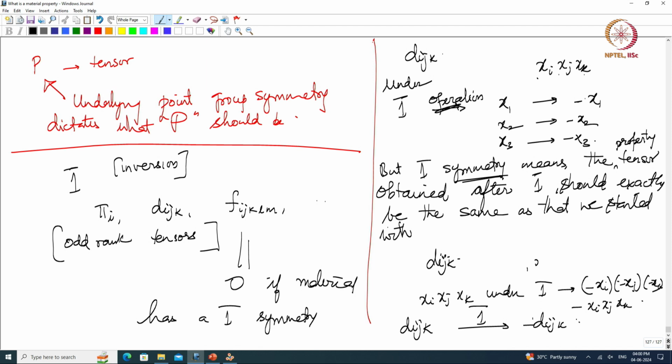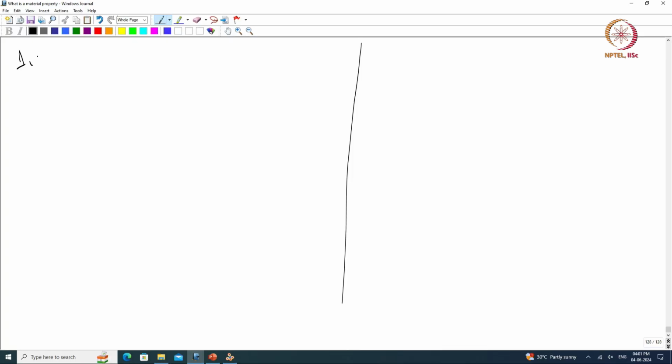So, if I invert my axis and look at it, that is a 1 bar operation. Then whatever I am measuring in my previous axis, now my frame of reference has inverted, so what I measure will be the negative of the property that I measured earlier. That is the way to interpret this. Earlier my axes were 1, 2, 3 and I measured Dijk.